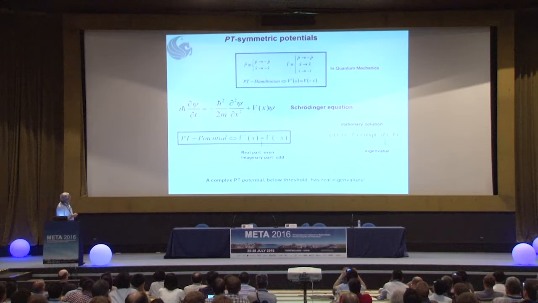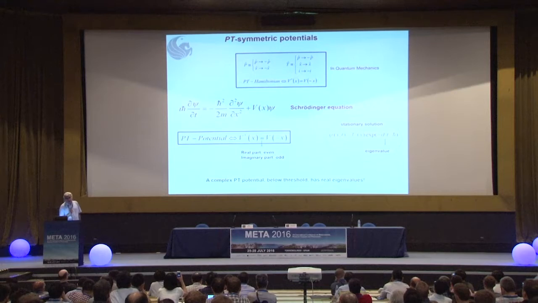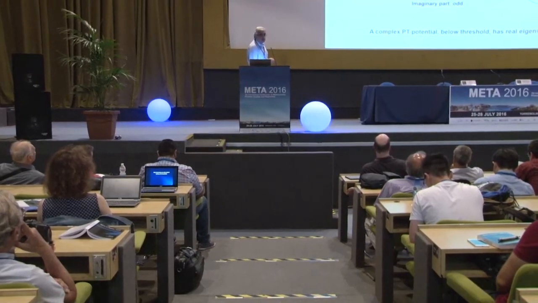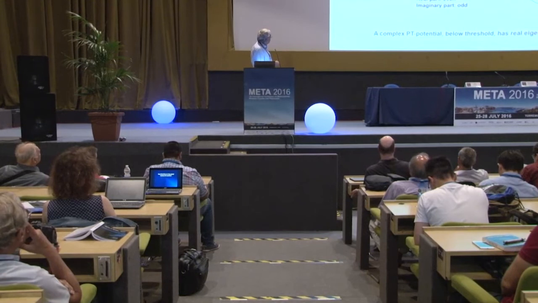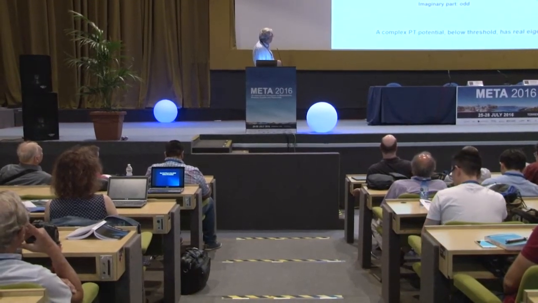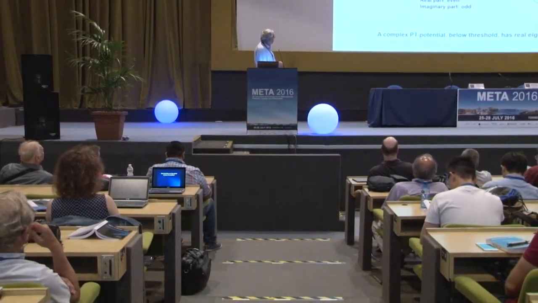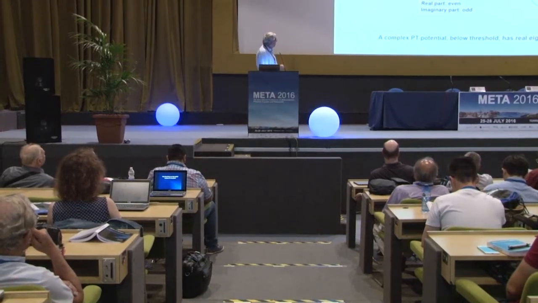So one can show, by deploying operator algebra, that if a Hamiltonian commutes with a parity operator, then a necessary but not yet sufficient condition is that the potential should respect this particular relation. In other words, V star of x, the conjugate of the complex potential, should be equal to the potential with the coordinate reflected.